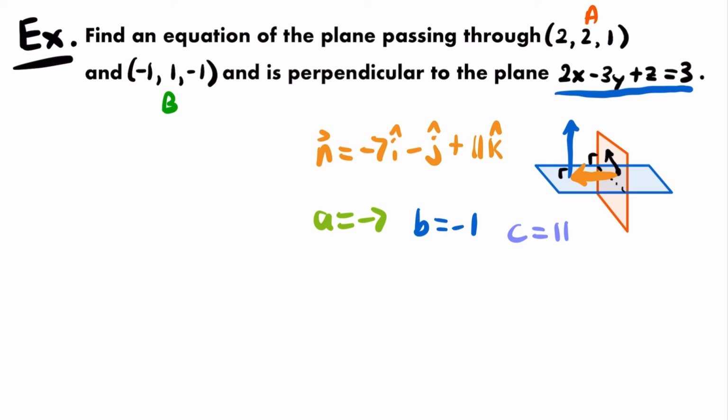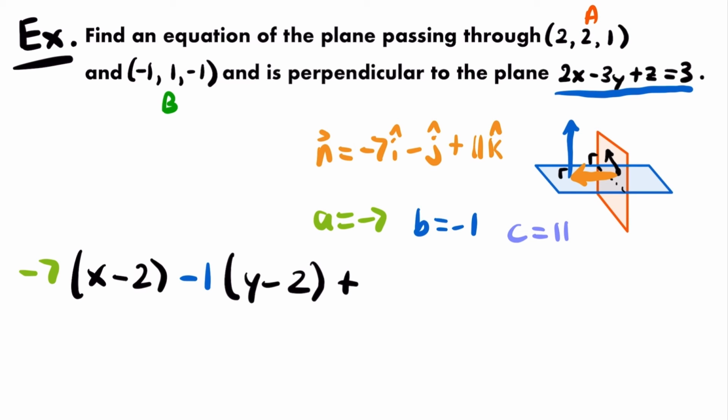And so using those values, we will have a, which is -7, times x minus x1, the x coordinate from our point, which is 2. So we'll have x minus 2, and then we have plus b, but in this case we have -1, so we'll have -1 times y minus y1, which is the y coordinate of our point, and that's 2. So we'll have y minus 2, and then plus c, which is 11, multiplied by z minus z1, or the z coordinate of our point, which is 1.